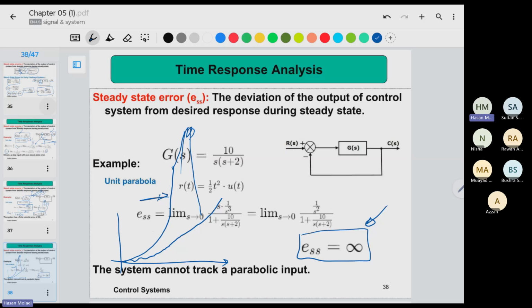How can we make the error less in this step? The system, G of S, is second order. Can we reduce the error when we apply one parabolic signal to a second order system?